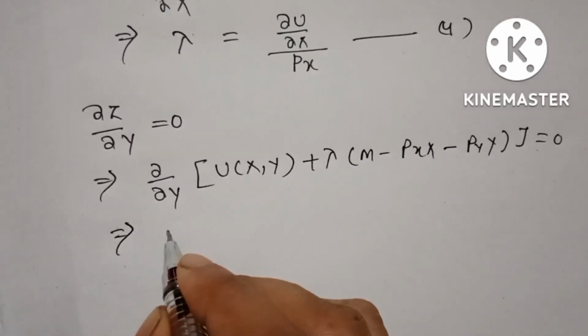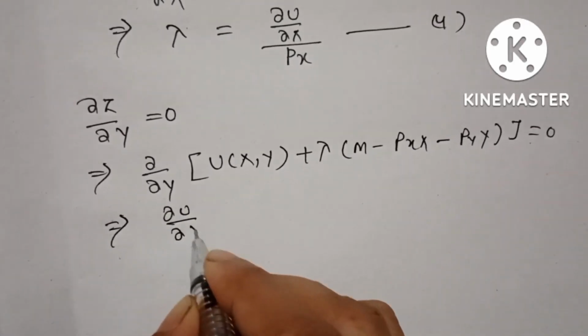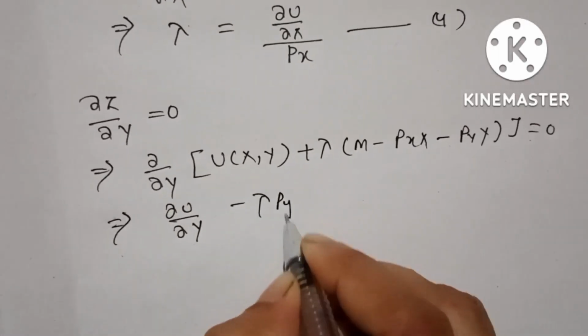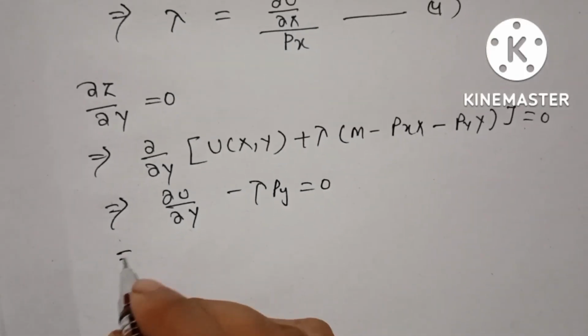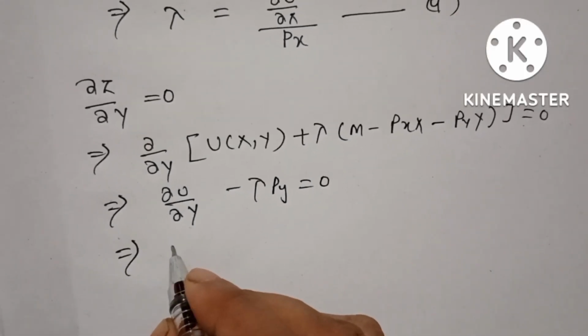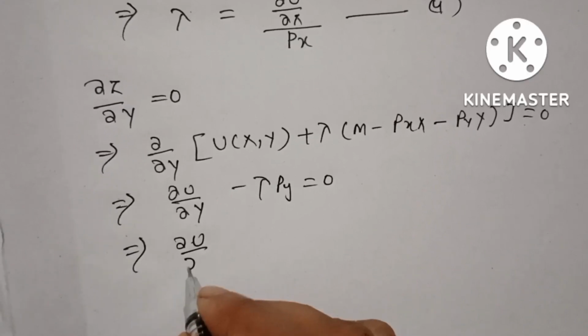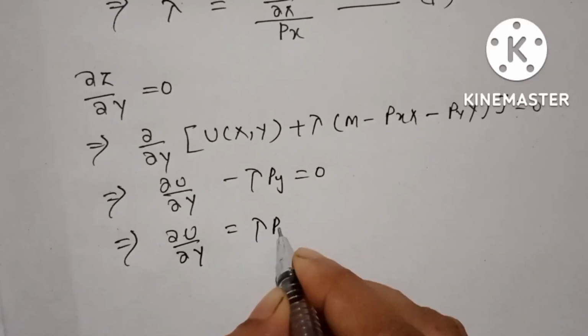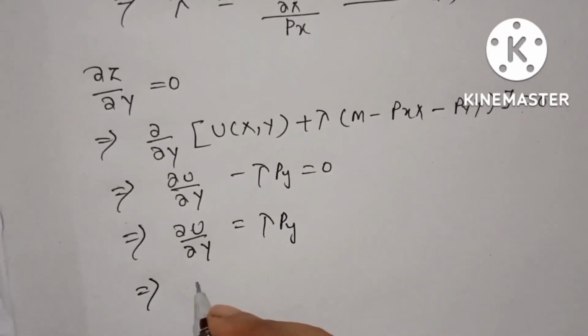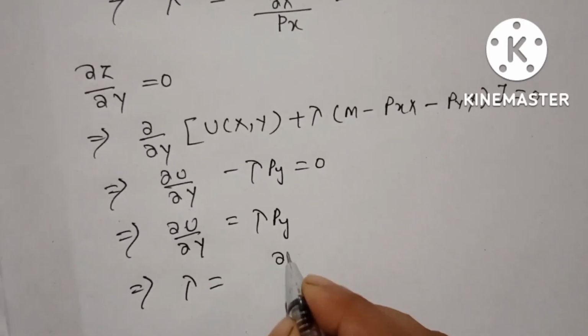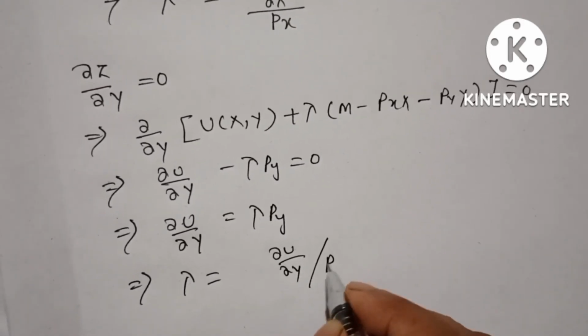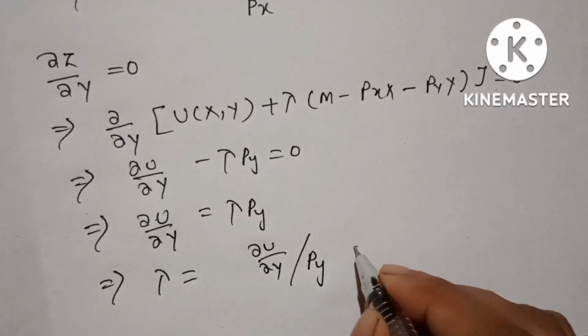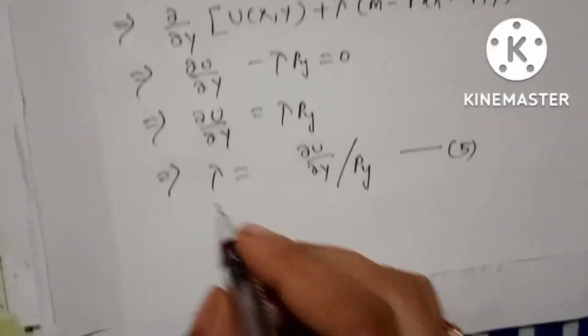So this becomes del U by del y minus lambda Py equal to 0. So del U by del y equals lambda Py, so lambda equals del U by del y whole divided by Py. So this is your equation number 5.